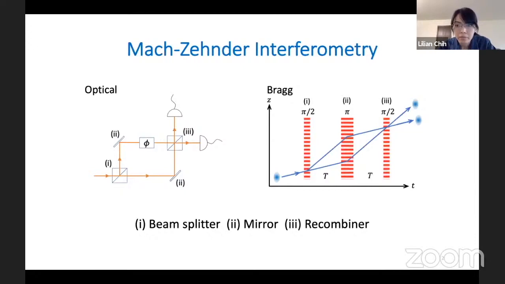And then the second pulse reflects the paths, and the final pulse recombines the two paths. If this sequence is carried out in a gravitational field, then the two paths would accumulate different phases, and from the interference pattern, we can infer what gravity is.